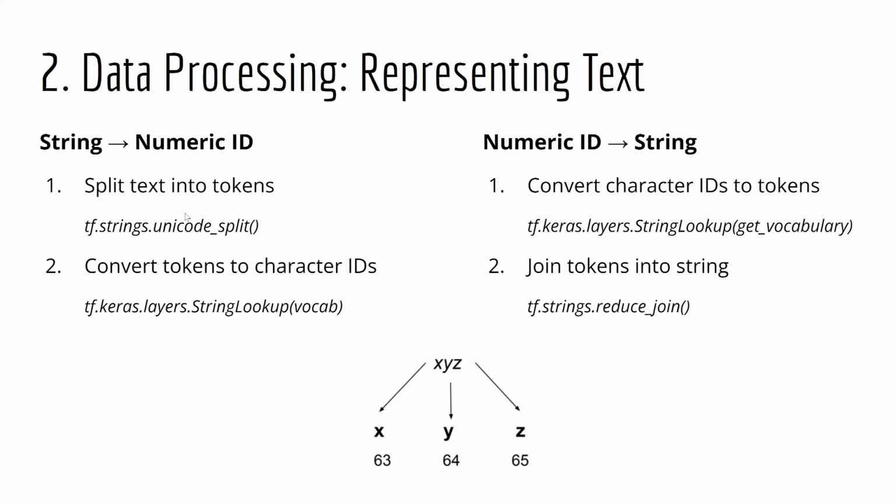I made a quick diagram below here. Let's say your string is like this. You first split this text into tokens, just split it into characters, and you have existing string functions you can use to do that. After you split it, you can convert it into character IDs, and for that there is also a predefined function that you can use.